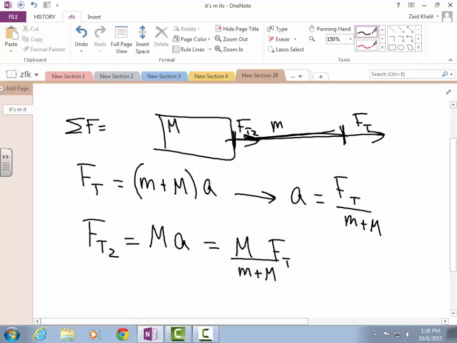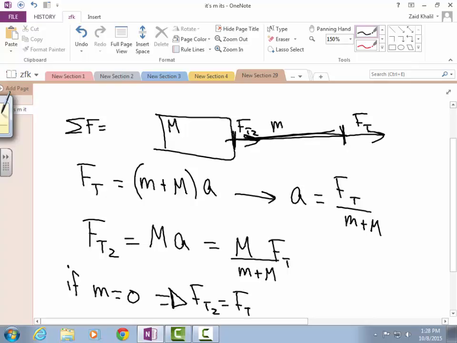So what do you notice here? If little m equals 0, then Ft2 equals Ft, and there you go. There's your proof.